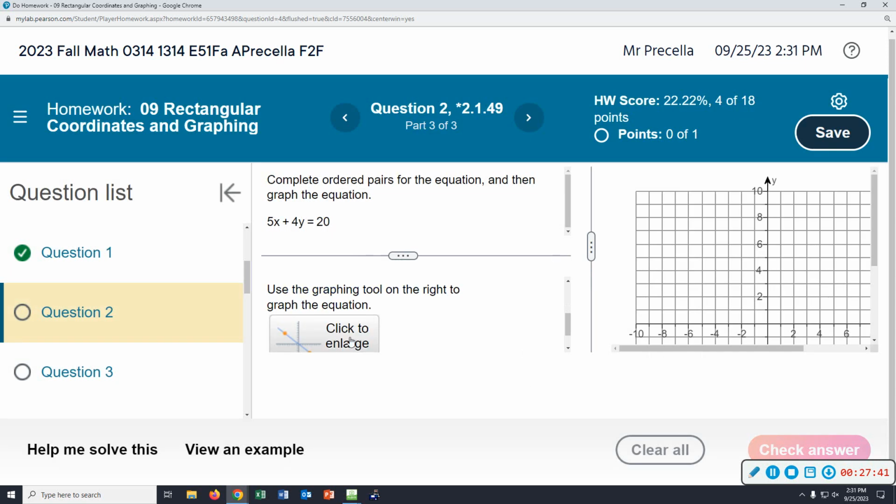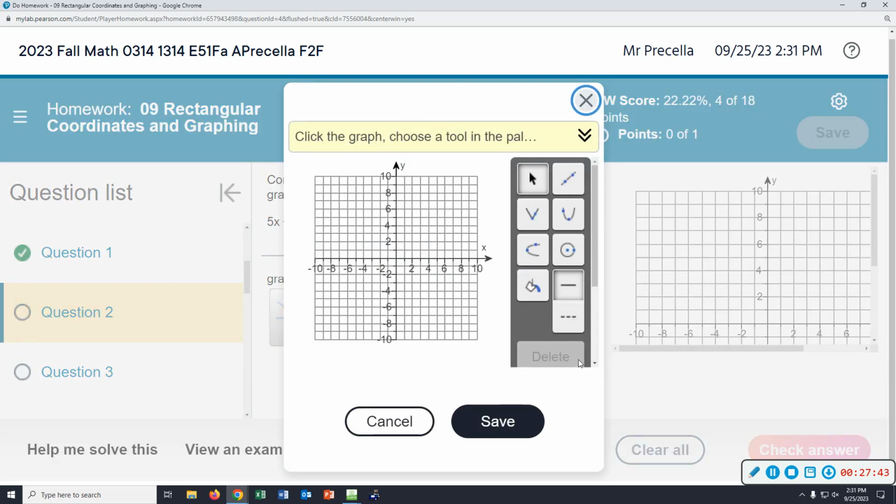And now they want us to draw the graph. I'm just going to graph it here using the tool rather than wasting my paper drawing it. Okay. Once again, to use these graphing tools, you have to know what sort of a figure you're drawing the graph of.